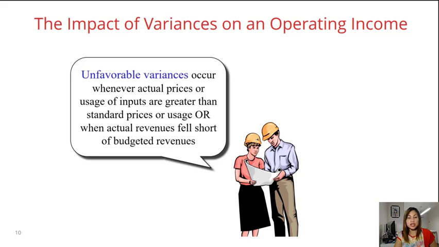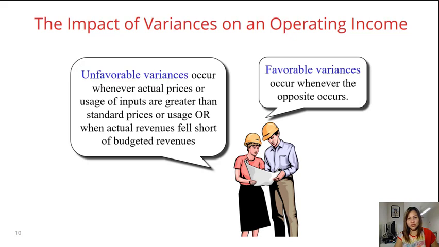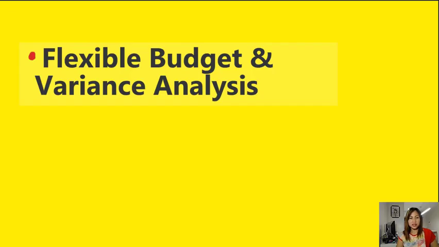But regarding cost items, unfavorable cost means the actual cost that you spent is more than the budgeted cost. On the other hand, a favorable variance means the actual revenue that you receive is more than you budgeted. So your wallet is happy. However, if we talk about cost, favorable cost variance means you paid less than you expected to pay.